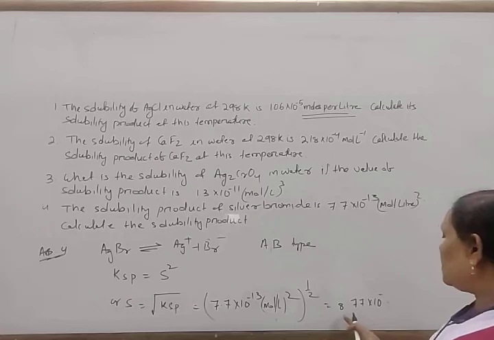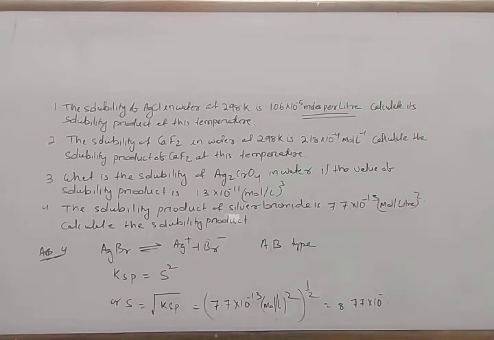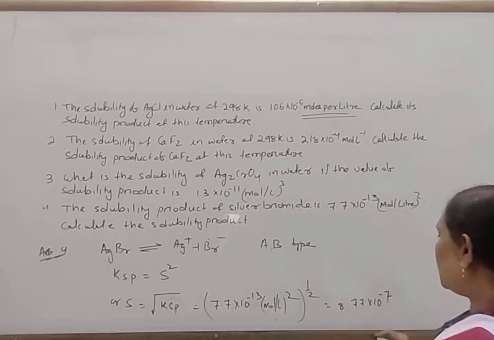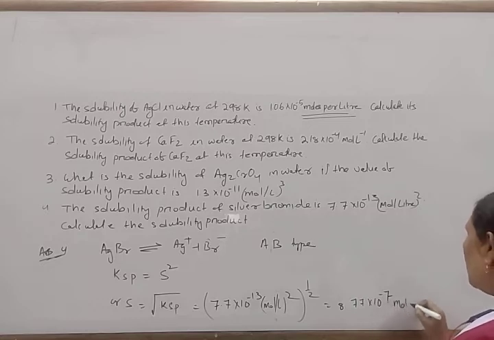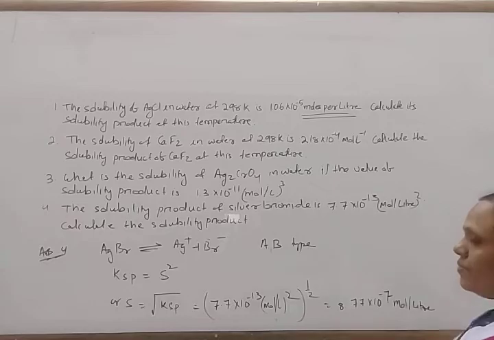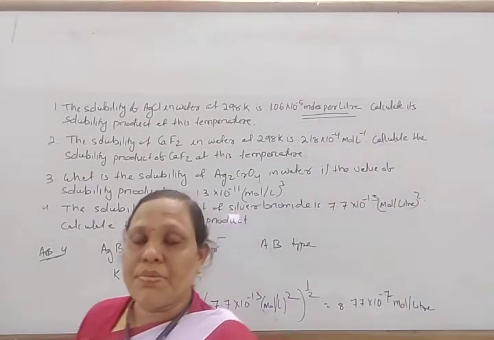You will get the answer, that is 8.77 into 10 to the power minus 7 moles per liter. In this way, you can solve this type of problem.